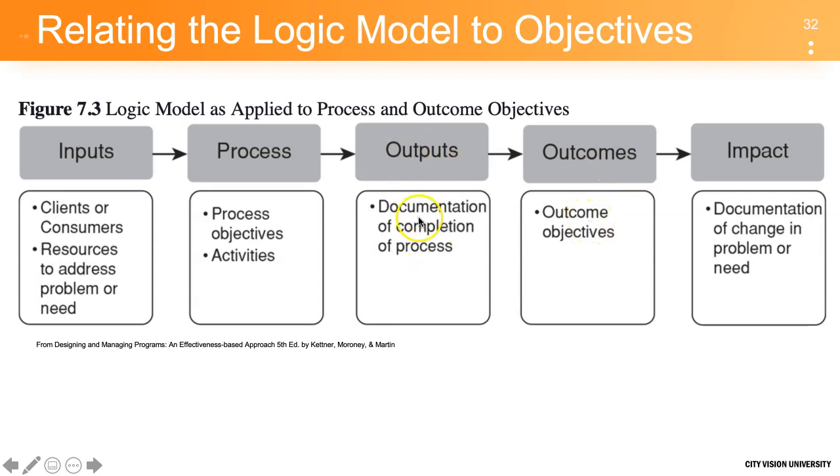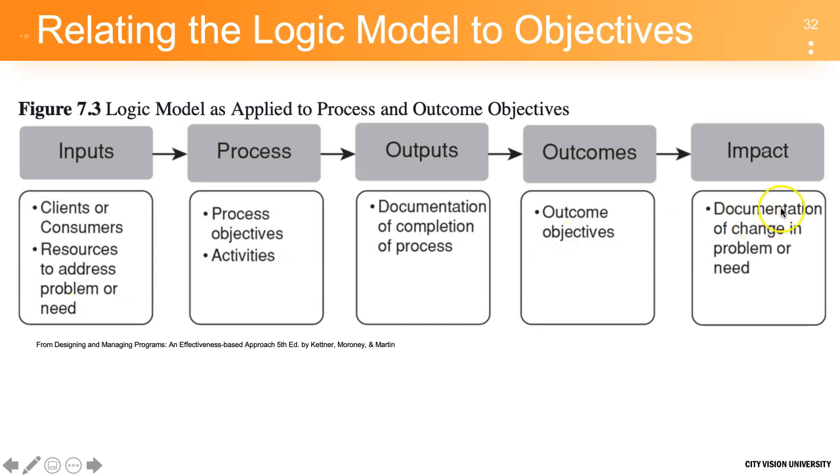Outputs is a documentation of a completion process, and we're going to use outputs. Here with process, we're actually going to use this phrase activities. And then inputs is going to be both of these items here, clients or consumers. In our case, it's going to be participants. And then the resources to address problem or need, whether it's staffing or space, utilities, etc.